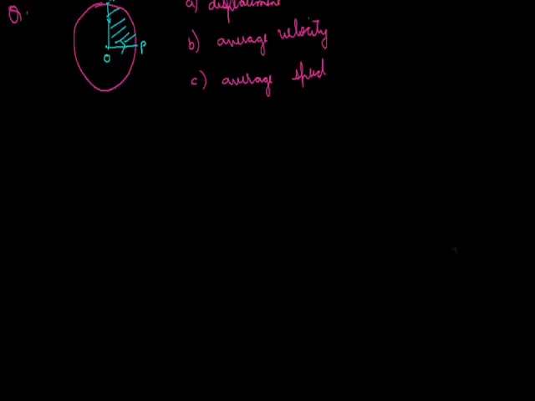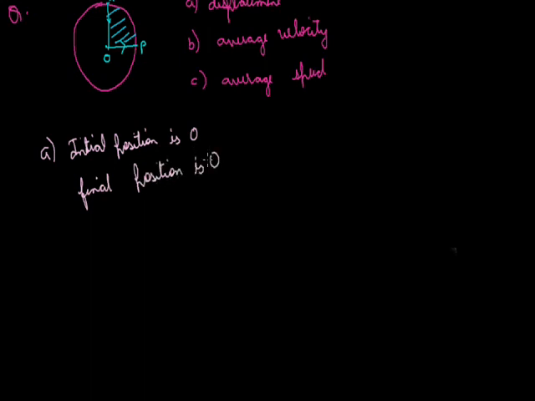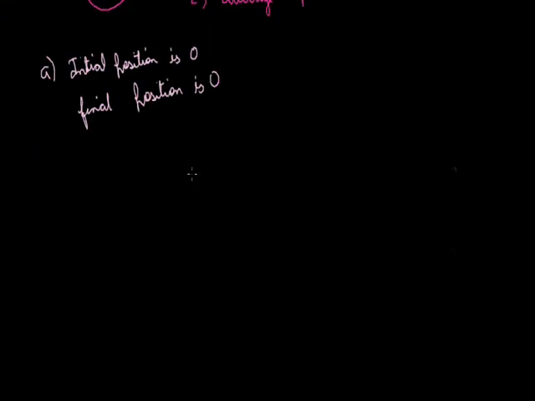Talking about displacement, the cyclist starts from point O, follows the path to P, then a curved path to Q, and again to O. It means the initial position of the cyclist is O, which is also its final position. As both positions are the same, the distance between them is 0.